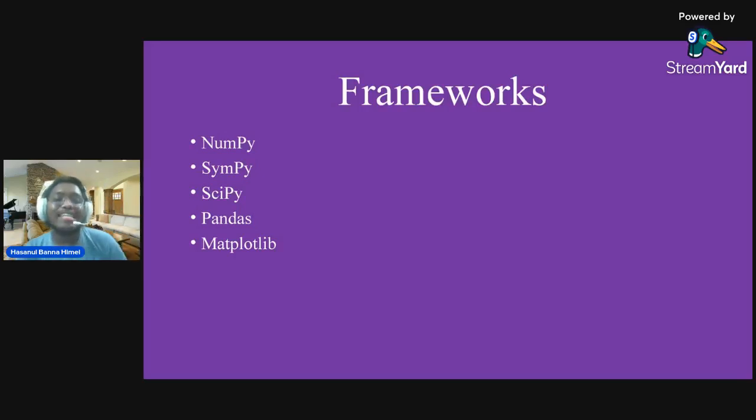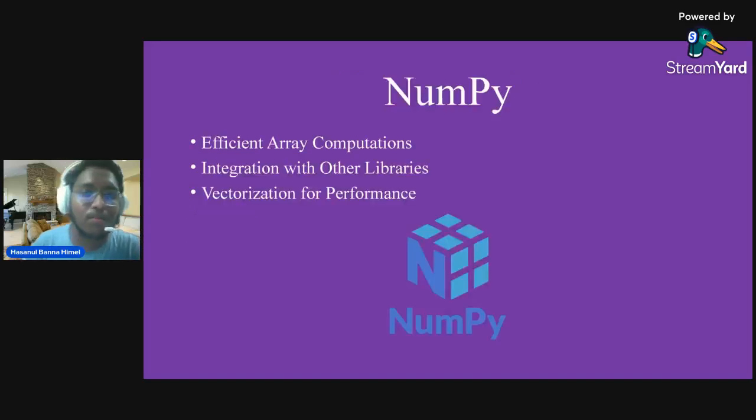Now let's jump into what NumPy and SymPy are. They are all libraries of Python which help us to solve mathematical operations in machine learning or training models. What is NumPy?